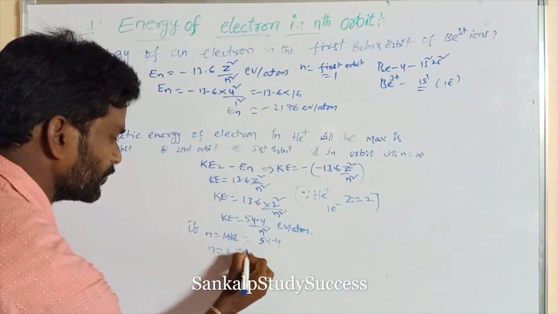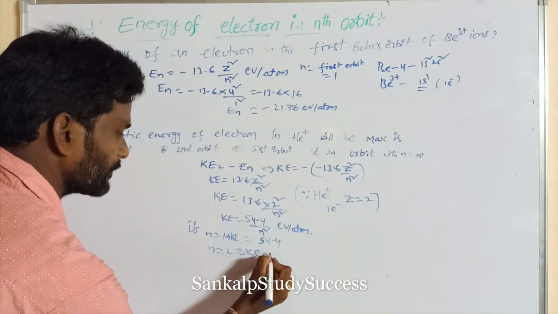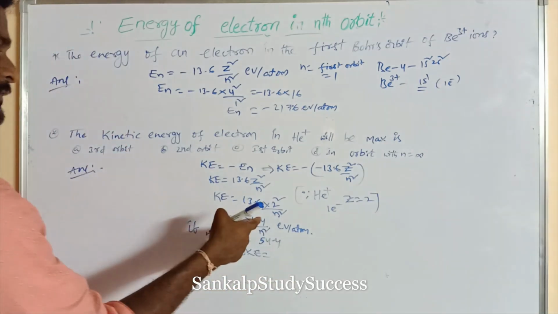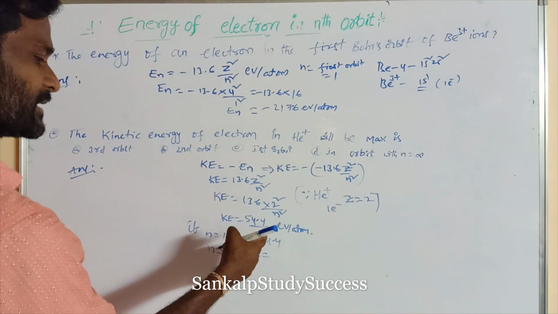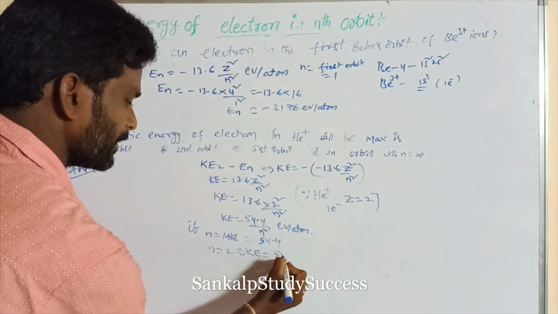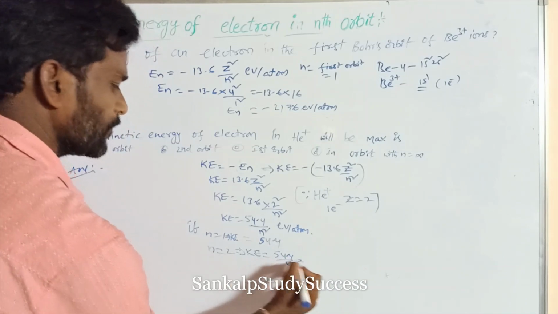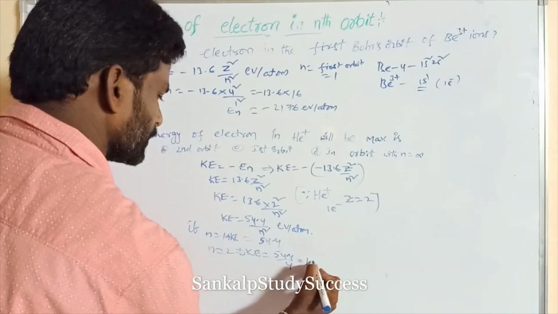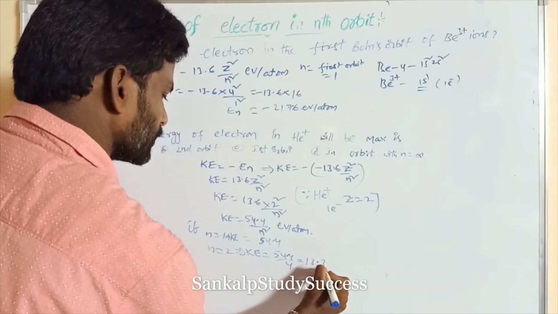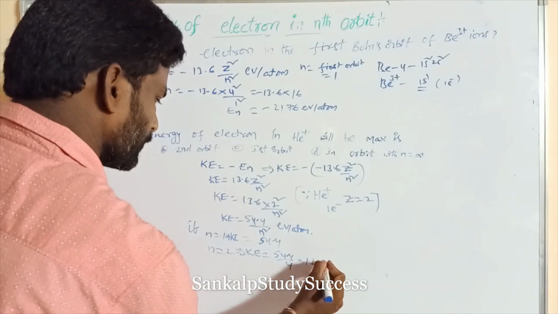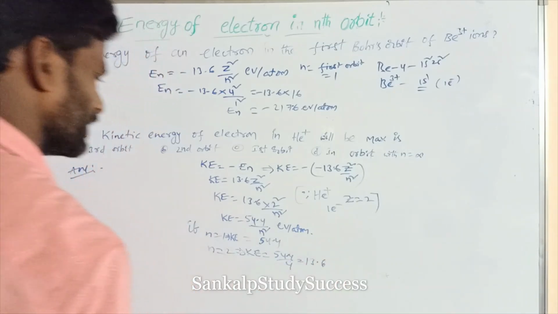If n is equal to 2, Ke is 54.4 by 2 square, that means 54.4 by 4, which is 13.6.